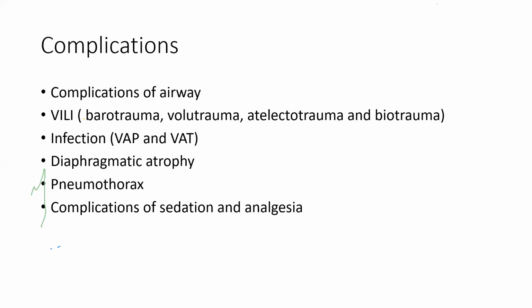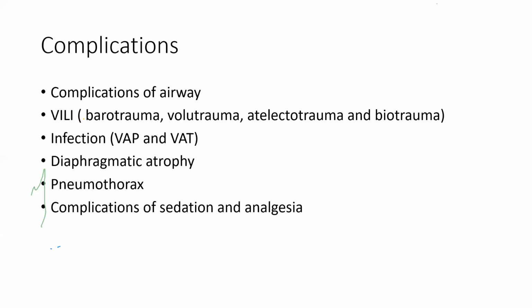But strictly speaking, the complications of mechanical ventilation per se are something we call ventilator-induced lung injury, VILI. These can be barotrauma, volutrauma, atelectrauma, or biotrauma. Barotrauma obviously means harm secondary to pressure, like pneumothorax, for example. Volutrauma means harm secondary to high volumes.